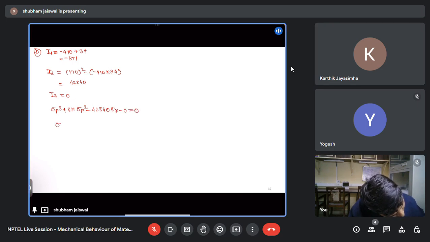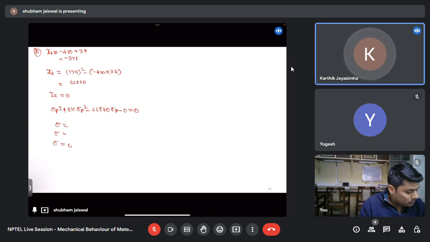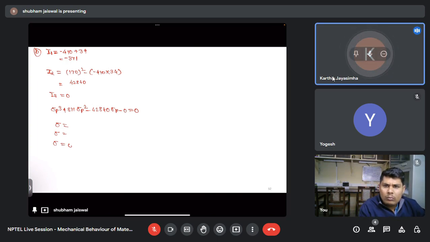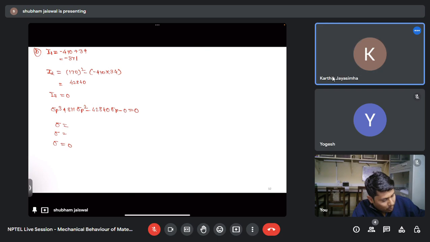So we will get one root as 0. And another one will be? Sir, if you apply the quadratic equation formula, under the root we are getting negative. Now minus b, that is minus 371. Sorry, 376.